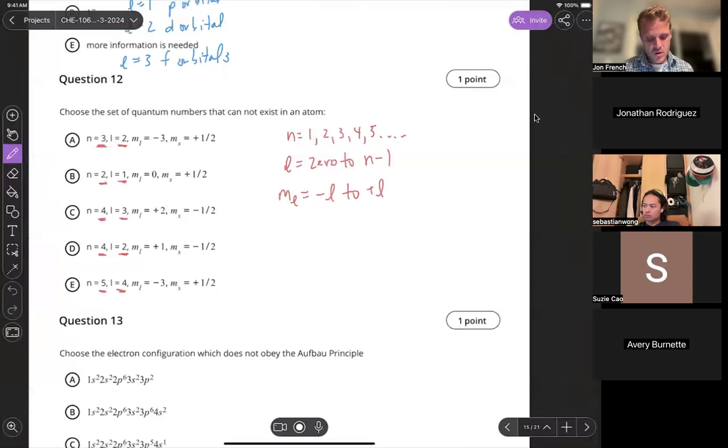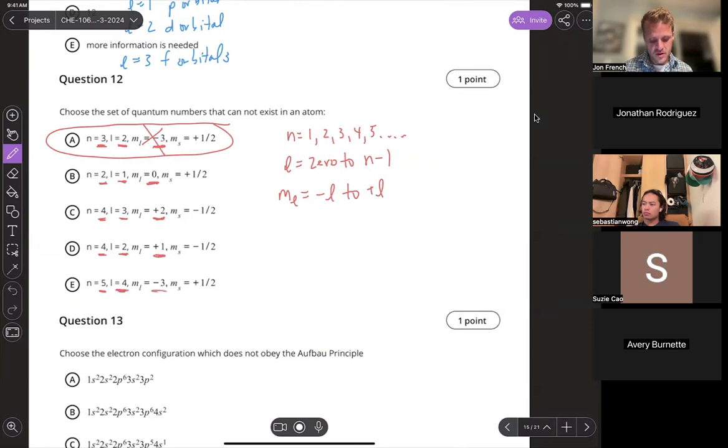If L is 2, however, ML can just be negative 2 to positive 2. So that disqualifies that, and that cannot exist. If L is 1, that checks out. L is 3, ML can be 2. If L is 2, ML can be 1.